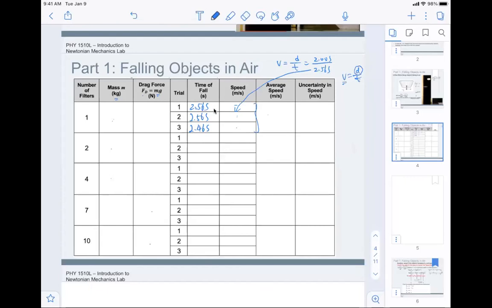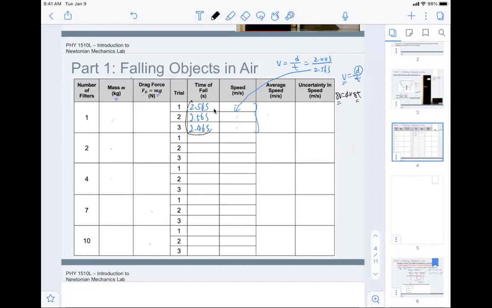The uncertainty of V is simply the known number multiplied by the absolute value of your delta t. Let me write it a bit clearer here. Delta V is D times delta t. So using this uncertainty propagation rule, to write down our delta V, we need to figure out the uncertainty of our delta t.